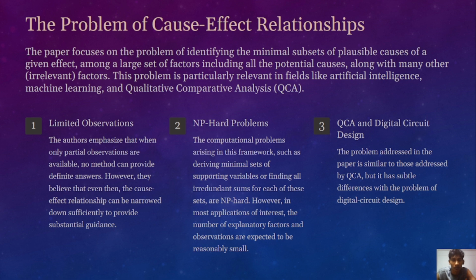However, in most applications of interest, the number of explanatory factors and observations are expected to be reasonably small. QCA and digital circuit design. The problem addressed in the paper is similar to those addressed by QCA, but it has subtle differences from the problem of digital circuit design.